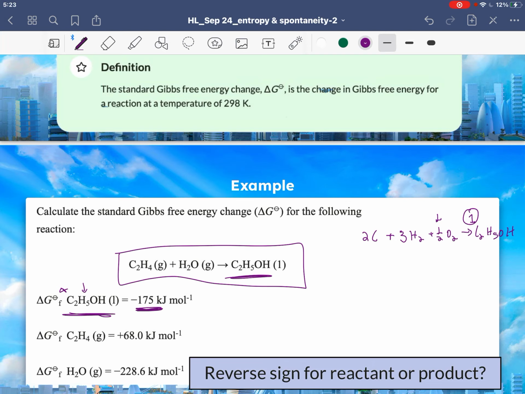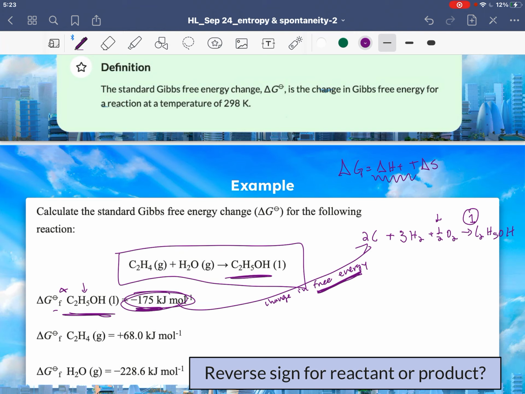So this number again is the change in free energy. It looks very similar to enthalpy of formation, but in this case, we're not looking at just enthalpy. We're looking at the change in free energy, and we know free energy comes from enthalpy minus temperature times entropy.